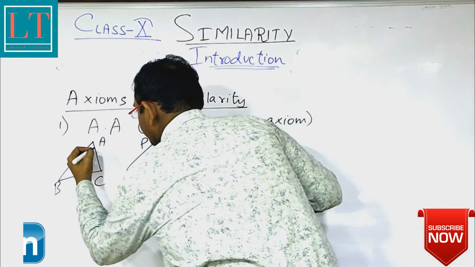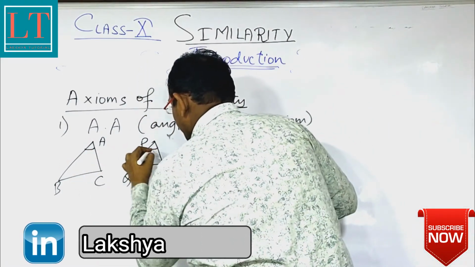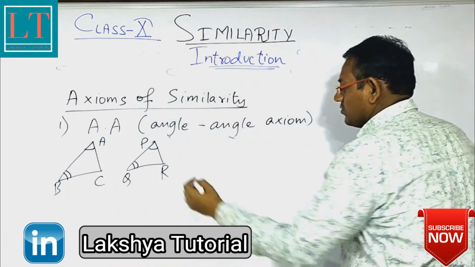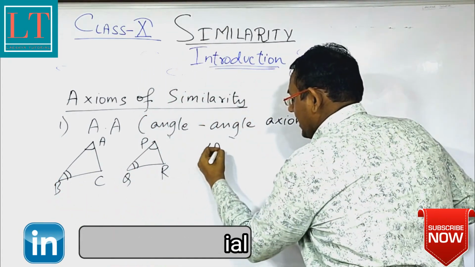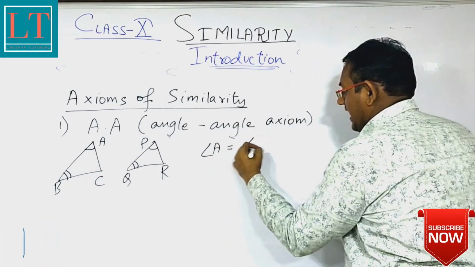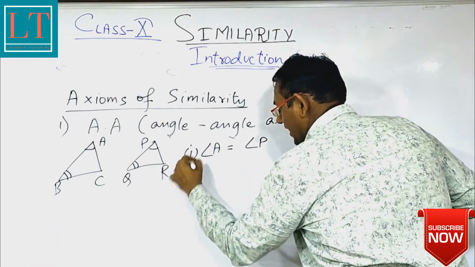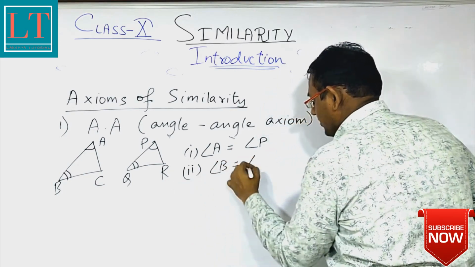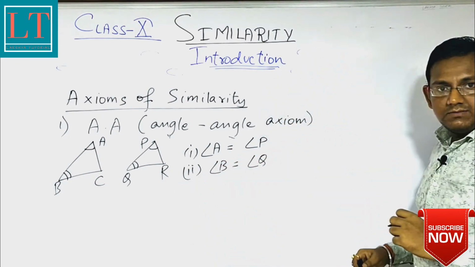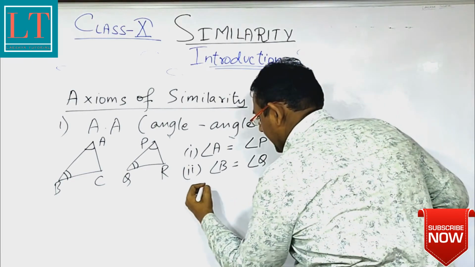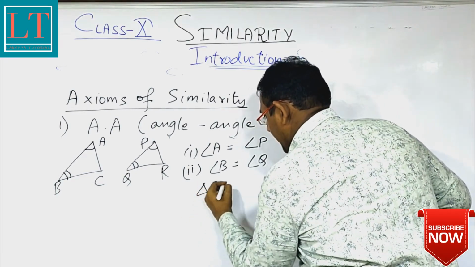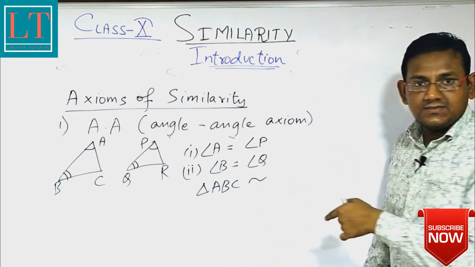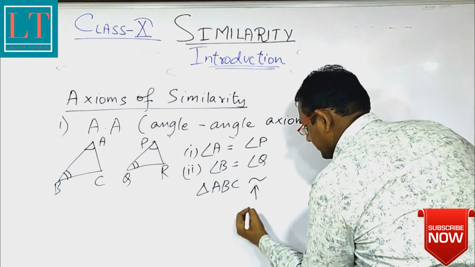Let us consider angle A equal to angle P and angle B equal to angle Q. So angle A is equal to angle P, this is point number 1. Angle B is equal to angle Q, this is point number 2. So we can say that triangle ABC is similar to triangle PQR. This is the sign of similarity.